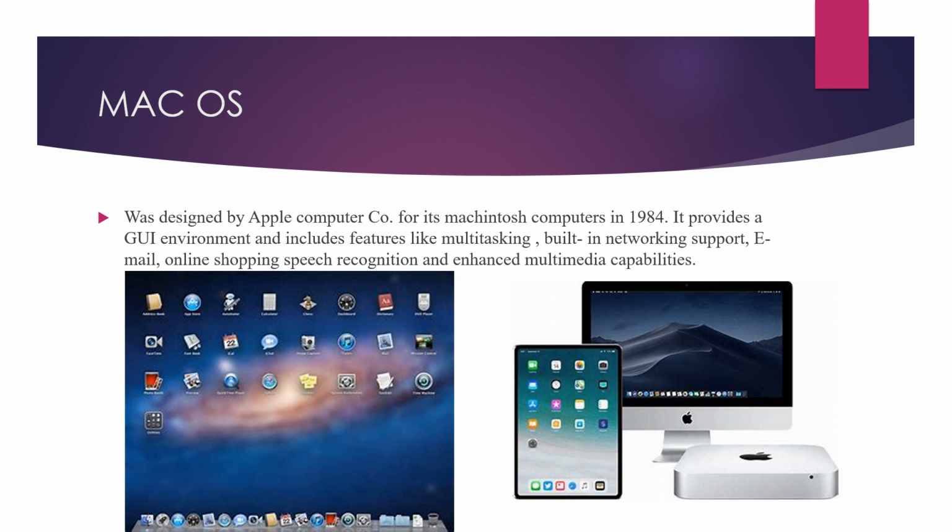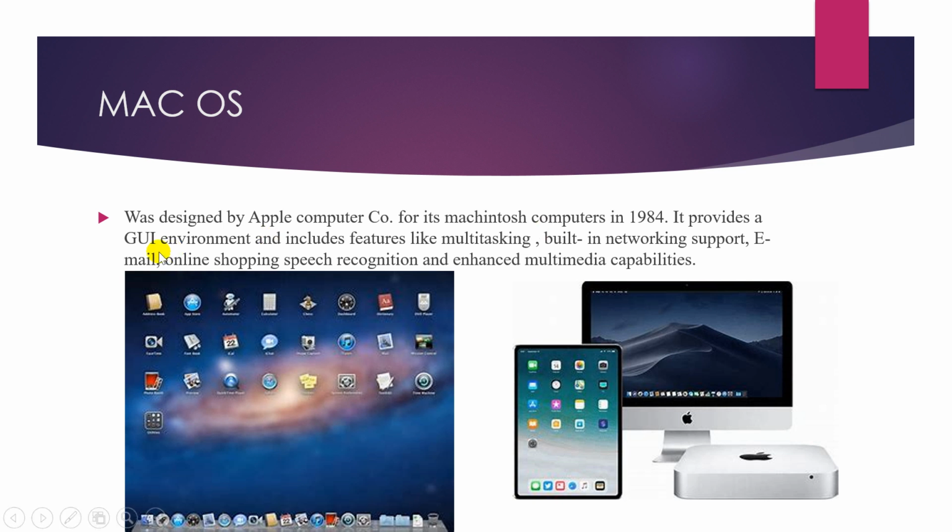It means they are like enemies of each other, because Mac was designed by Apple Computer Corporation for its Macintosh computers in 1984. Most of the applications that we developed for Windows couldn't be installed on the Macintosh operating system because the language is different from the Windows operating system.